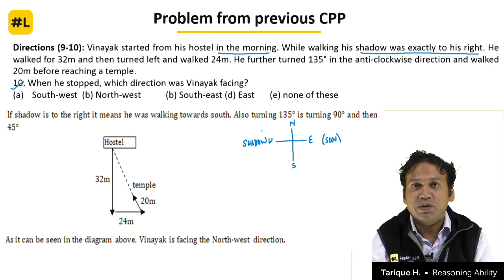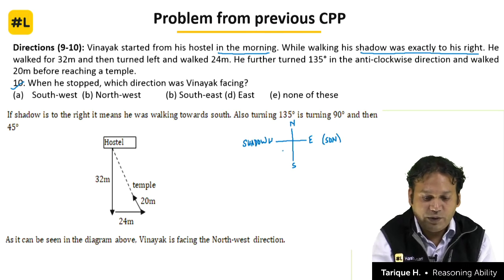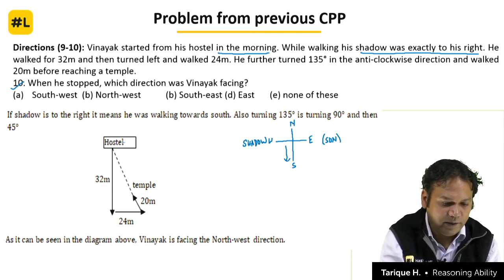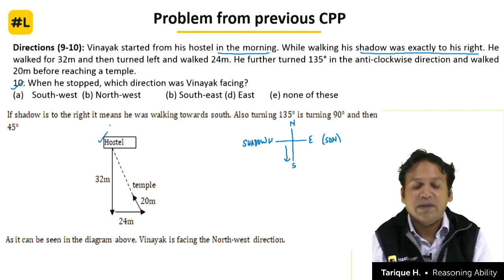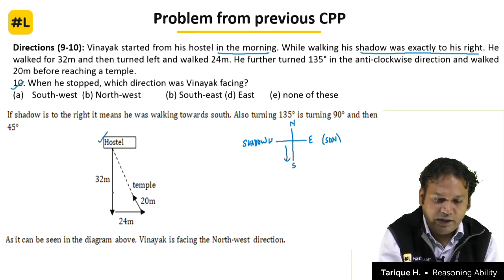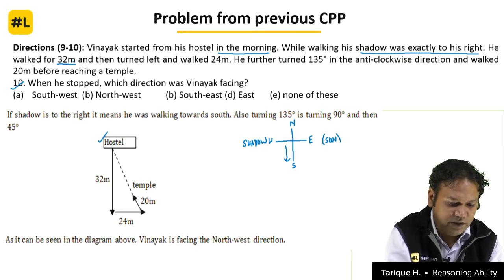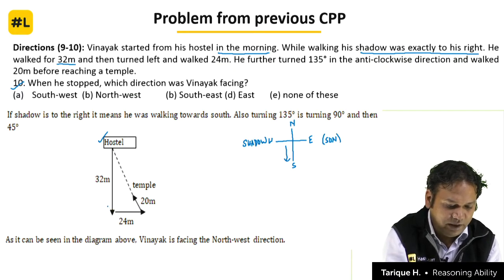So if west was towards his right, then he was going in the south direction. Let's say he started from his hostel and went south, and he walked 32 meters south, as you can see in the diagram, and reaches this particular point.